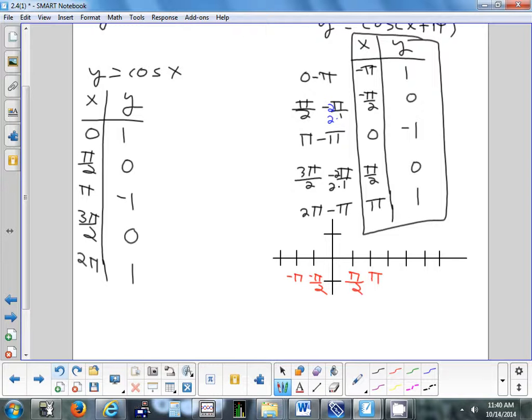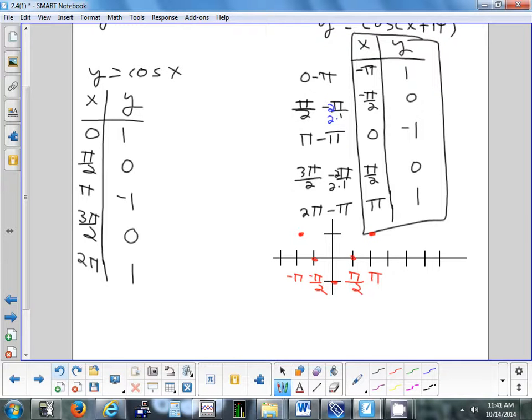Because in Algebra 1, that's what you do most of the time. Go by ones. If you want to go by something other than ones, you need to label your axis. A lot of people lose a point on the test for not labeling their axis. I'm not going to label my y-axis because I'm going by ones on it. Okay, so negative pi, we're at 1, 0, negative 1, 0, back to 1.